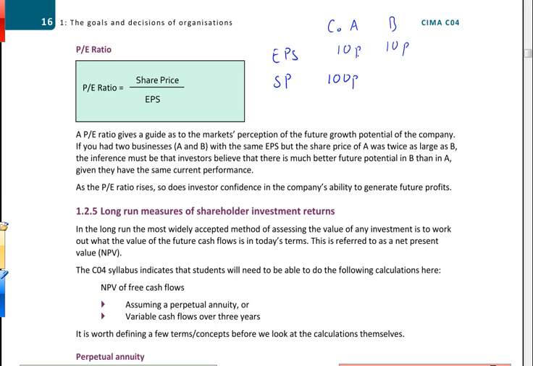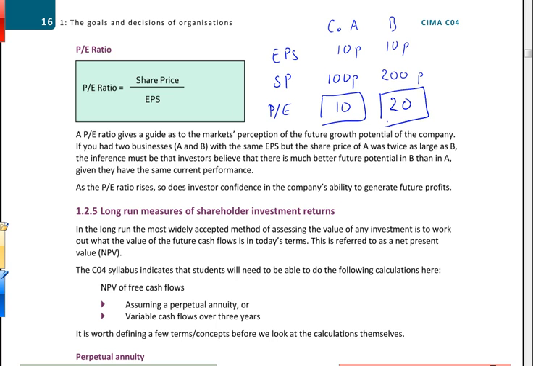Now, even though company B has the same earnings per share, let's say its share price is 200p. So if we were to work out the PE ratio for these companies, we take the share price and divide by the earnings per share. So for company A, it's going to be 10, and for company B, the PE ratio is going to be 20.